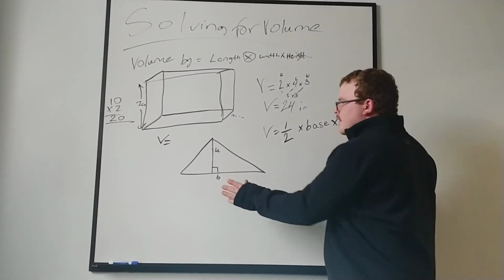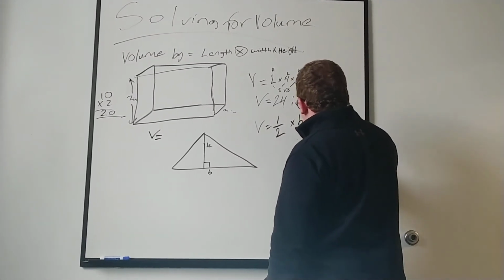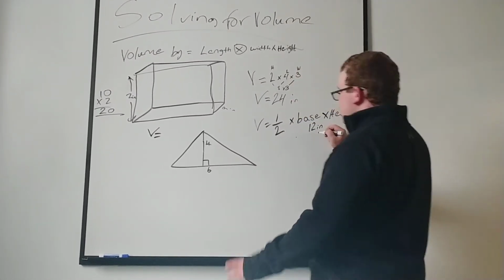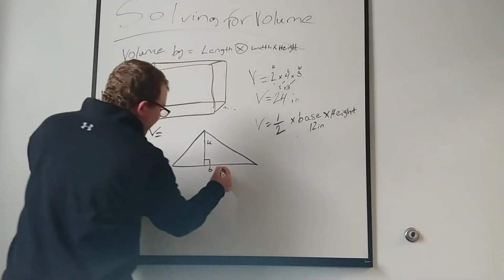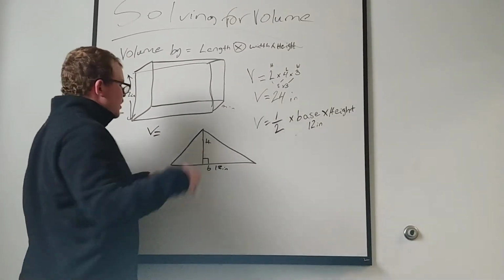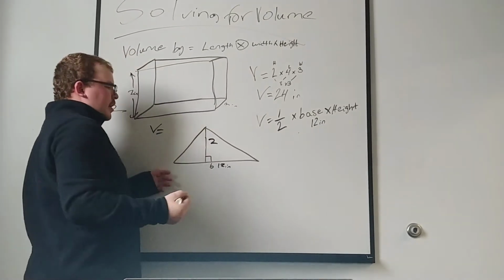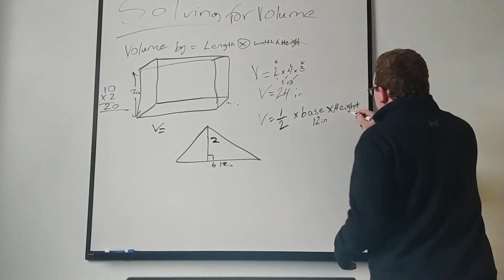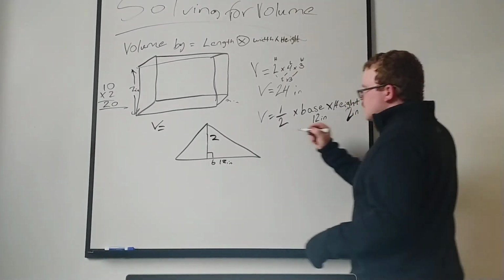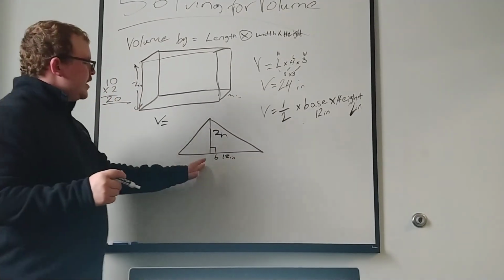So if we had a base of 12 blocks on the bottom and our height was 2 on top, we have to make sure we can solve this.